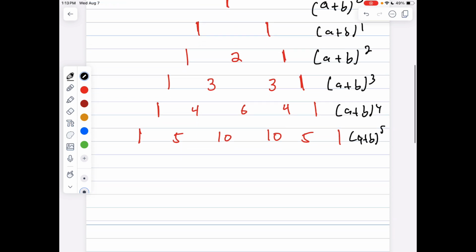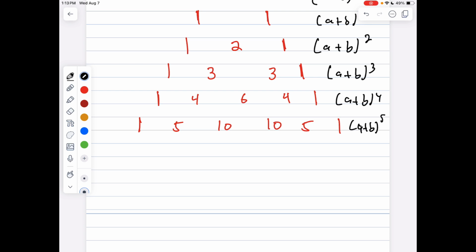Let me show you how this works with a plus b to the third, because we're interested in expanding the third power. And a and b are just two expressions here, which could have variables or whatnot. Here's how this works. I'm going to grab the numbers that you see, 1, 3, 3, 1, that are associated with a plus b to the third.